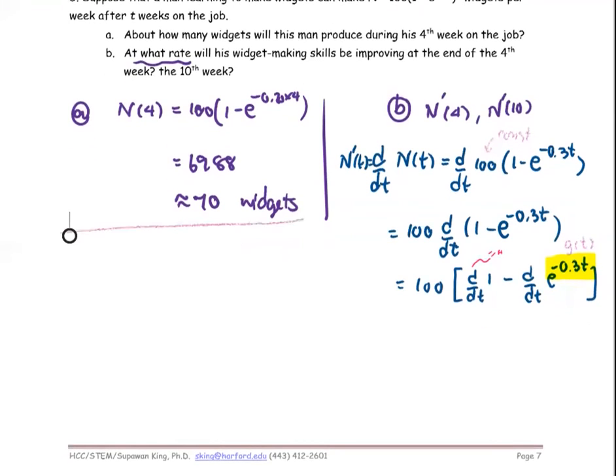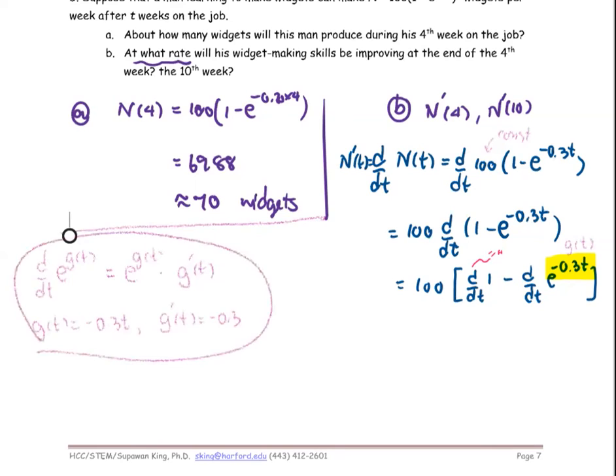Recall that when you find the derivative of e to the power of a function, we use the chain rule: e to the power g of t multiplied by g prime of t. In our case, g of t is negative 0.3t. Therefore, g prime of t is negative 0.3.